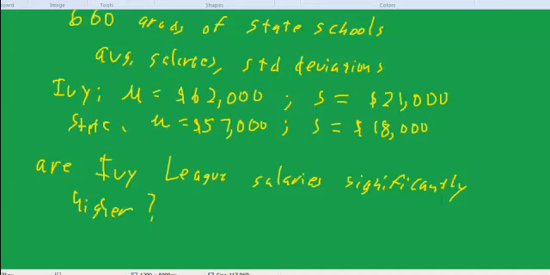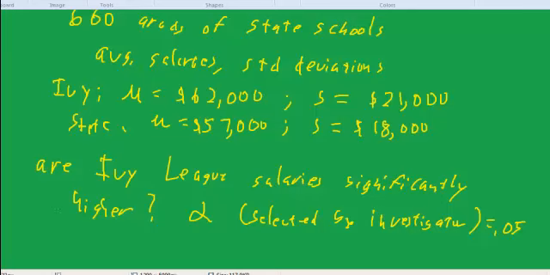And we use alpha, which is our cutoff point. It's something that's selected by the investigator to measure statistical significance. And we'll set that equal to 0.05.